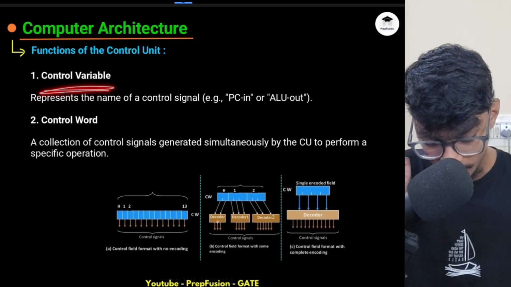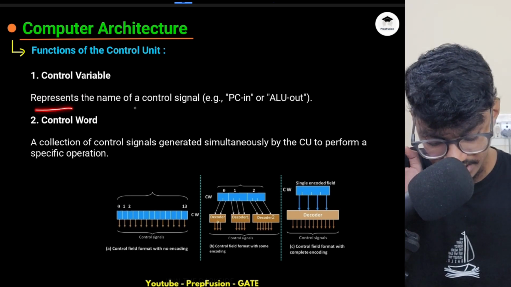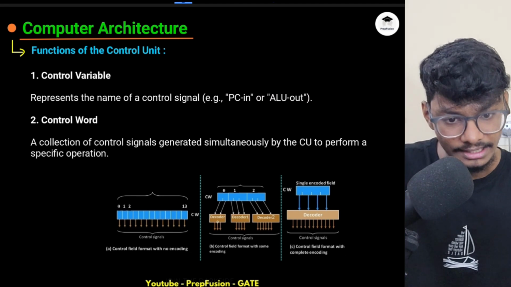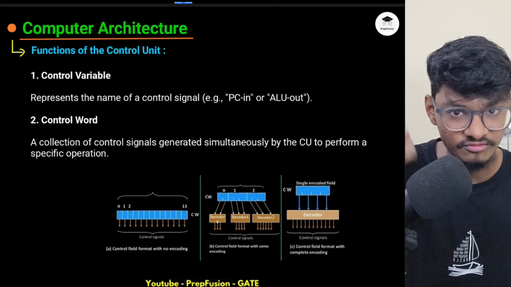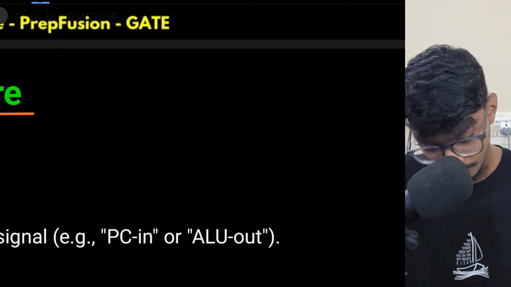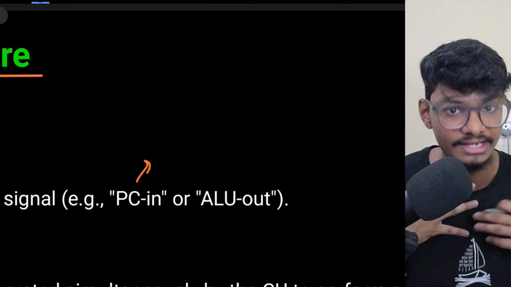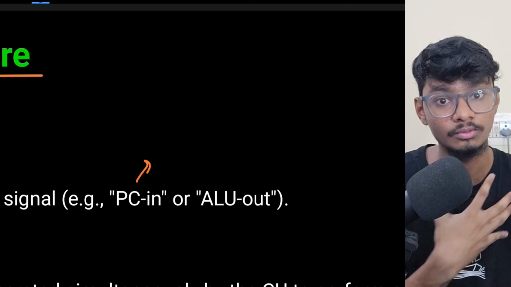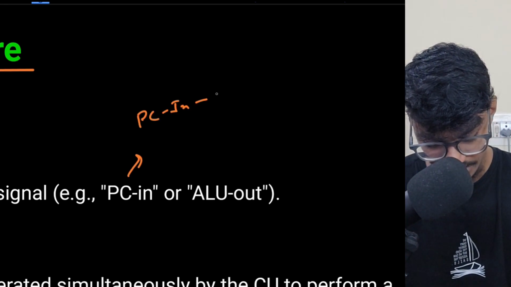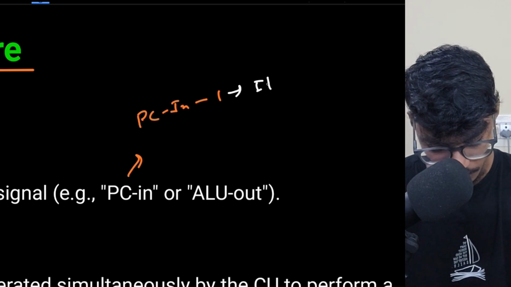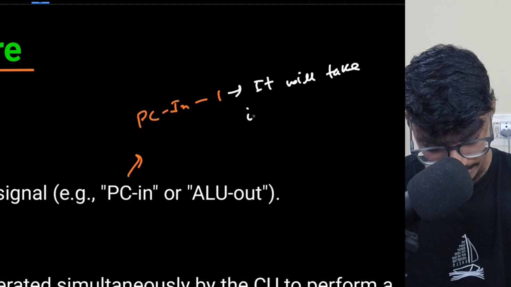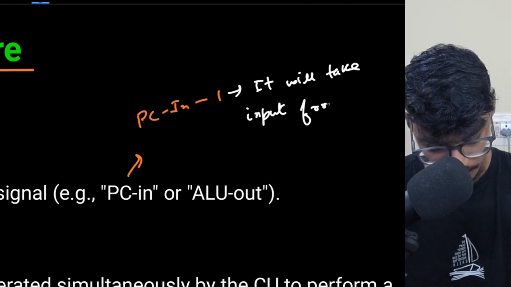There is one name known as control variable. Control variable represents the name of the control signal. PC in, ALU out. PC in means it is the wire that is going to the in of the PC. So if PC in is 1, then PC will understand that it has to take input from the common bus.